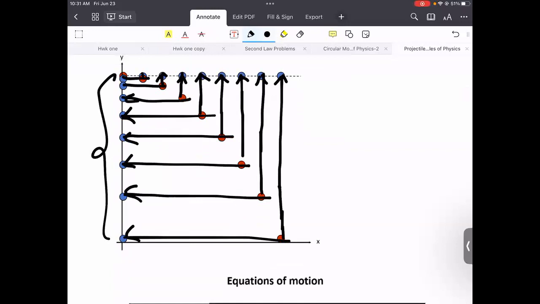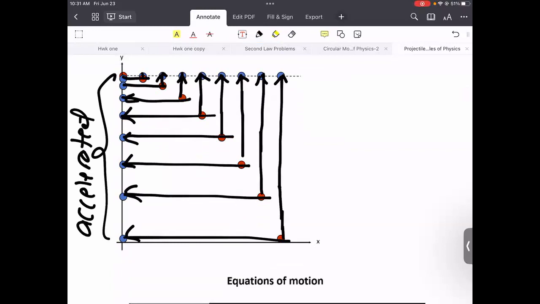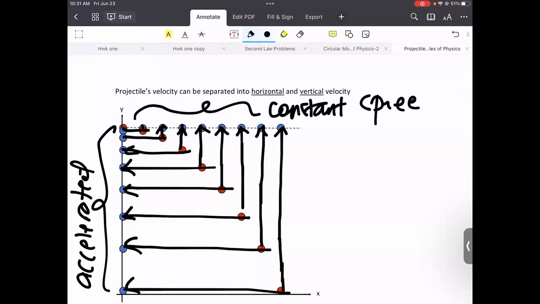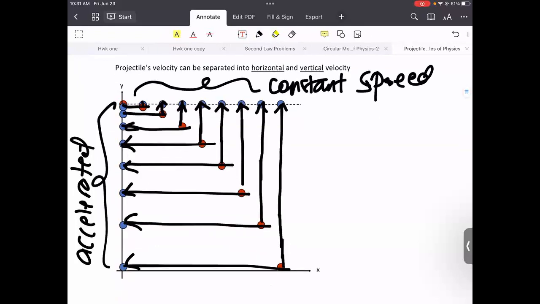I'm sorry, this is accelerated motion here. And if you look at the horizontal component, this one looks like constant speed. So that's constant speed motion for you there.